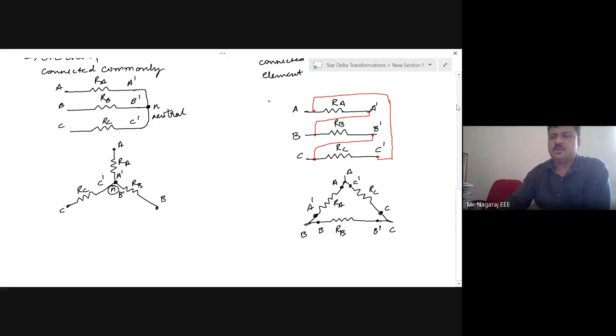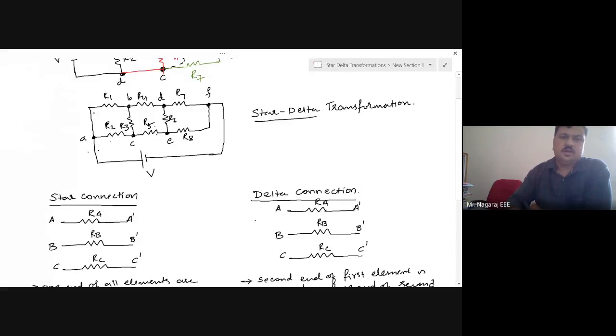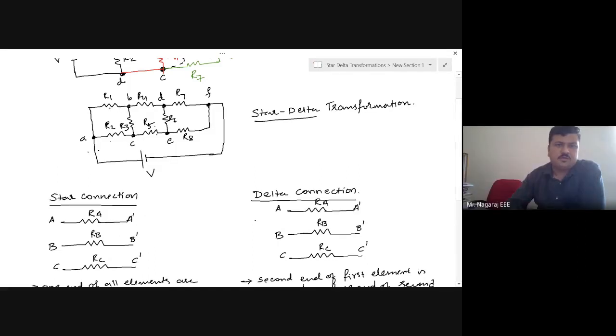Now, coming back to the complex circuit we discussed here, you can observe that R1, R2 and R3 are connected in a delta fashion. Yes, sir. R7, R6 and R8 are also connected in delta fashion.